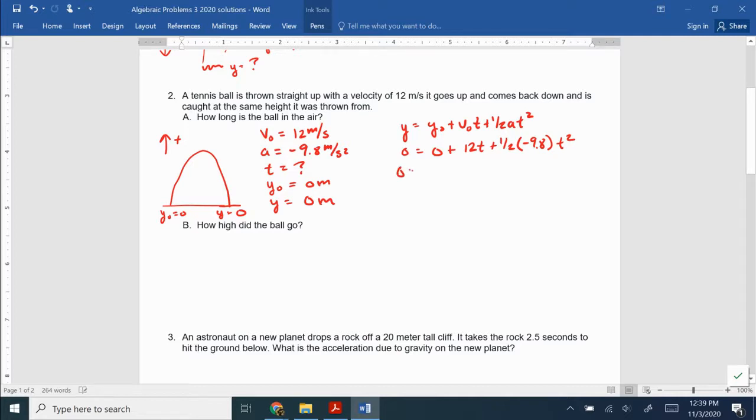So then we have 0 is equal to 12t, minus 4.9 t squared. Okay, so in this case, what we end up doing is you're going to pull one of the t's out. So that's going to give you 12. Hang on, sorry.